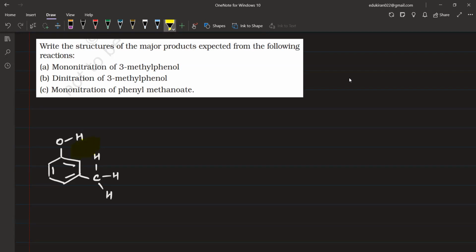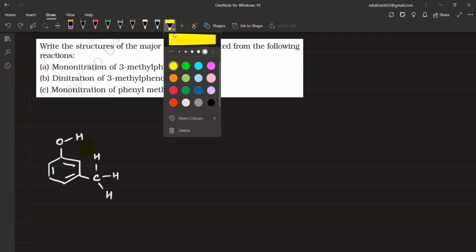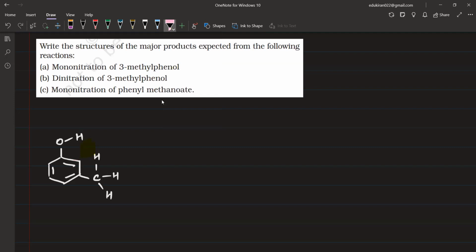Can you see that? Yes or no, tell me. I'm saying that if you see this place, there is no space here, right? Correct? Yes, sir. And that is why when we are doing, first of all, let us see mononitration.